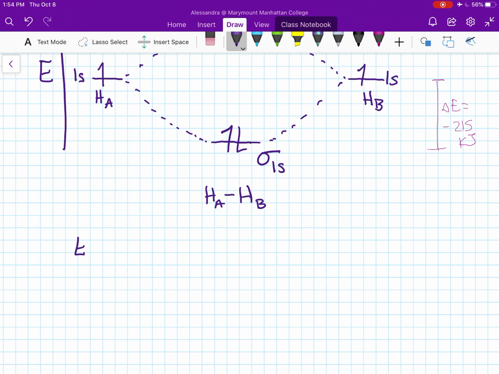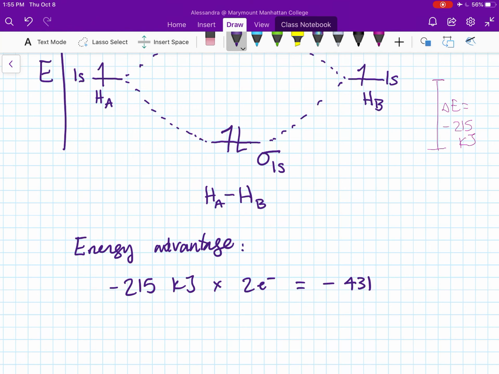The energy advantage that you gain out of this is going to be equal to that delta E times 2, right? So we have 215 kilojoules times 2 electrons. So that's going to give us negative 431 kilojoules per mole.